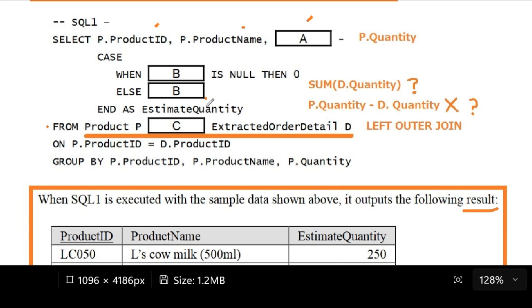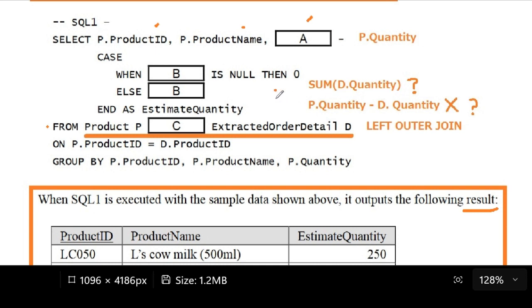And that's how we get the estimate quantity. Now, for the answer, it says here that we have to do a sum function where the input would be the D quantity. So what we're going for is the sum of the D dot quantity.